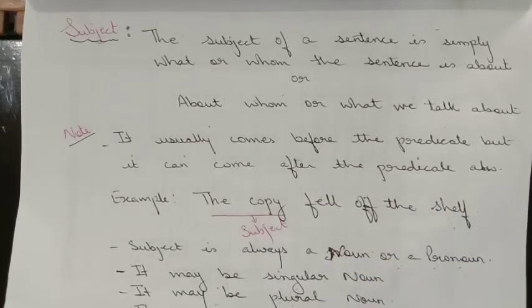Subject is always a noun or a pronoun. It may be singular or plural, it may consist of just one word, or it may consist of a group of words. So all in all, subject means about what or whom we are talking in the sentence.